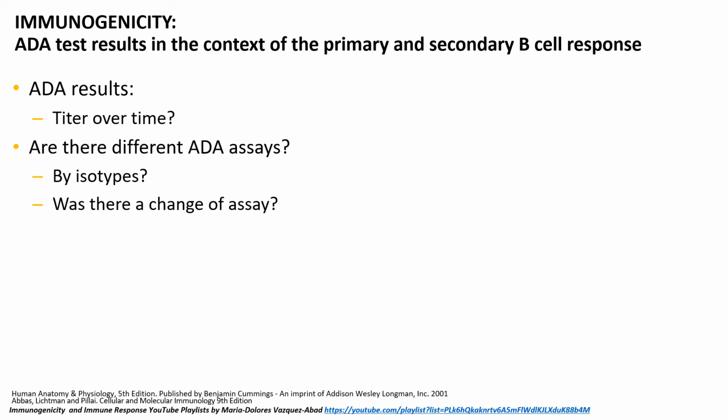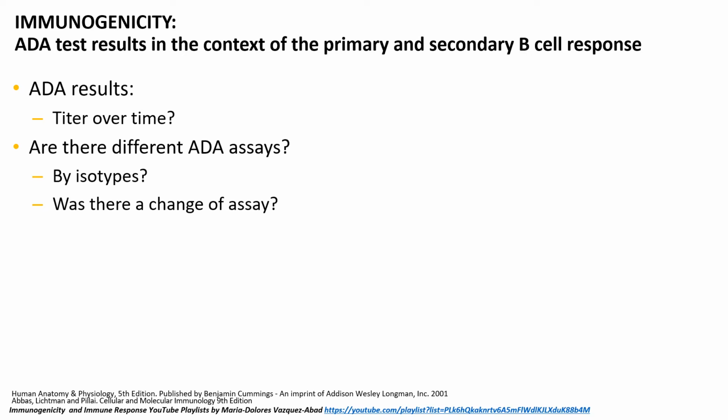So talking about different assays, different anti-drug antibody assays, yes, we know there's assays that could be giving us different isotypes, and they're validated. When we get them, we can have the anti-drug antibody IgG, anti-drug antibody IgM. Was there a change of assay?